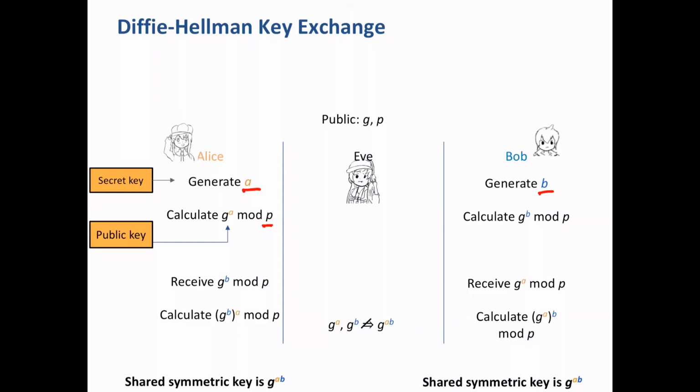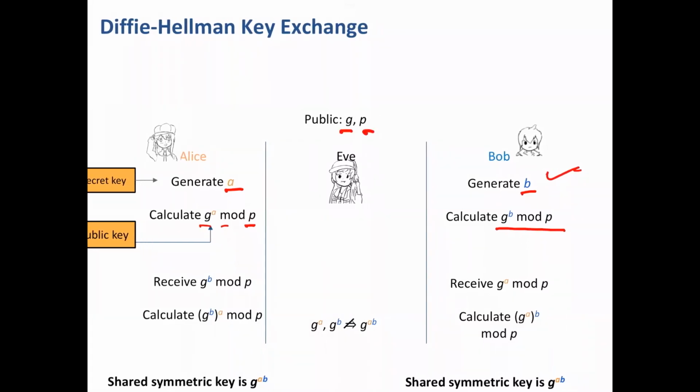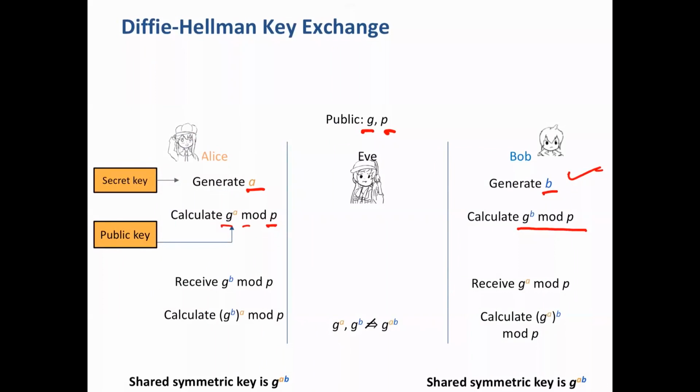From this, Alice calculates g raised to the power A mod p. Bob chooses private key B, and he calculates g raised to the power B mod p. Next, they are going to exchange these. Public knowledge is g and p, so Eve at this point in time knows g and p.